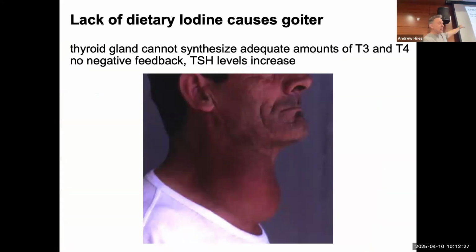So there's not going to be negative feedback of the thyroid hormone on the hypothalamus or on the anterior pituitary. So we have high levels of TRH, high levels of TSH. TSH is going to keep telling the thyroid gland to continue to ramp up production of thyroid hormone, and that'll cause those tissues to swell, cause the neck to swell, and that's called goiter.